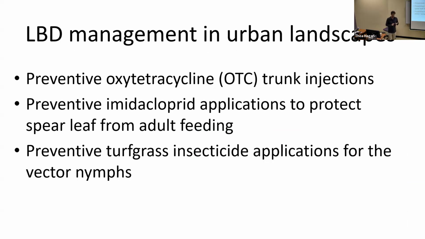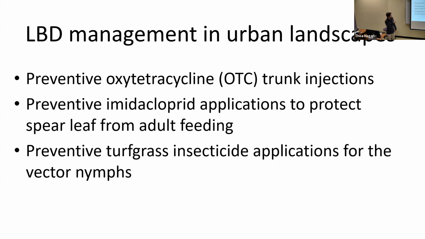The current approach to managing this is preventive inputs. Because remember, if the palm gets it, it dies. So you can't risk a palm getting the disease if that palm is a valuable asset in the landscape.